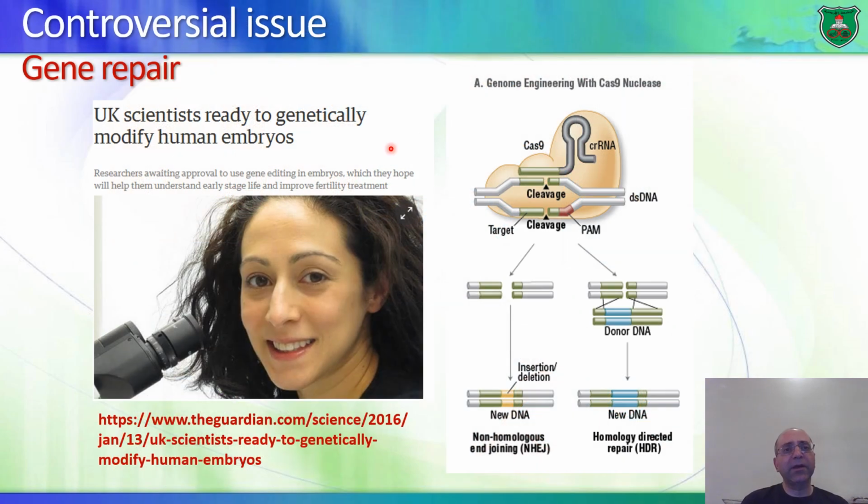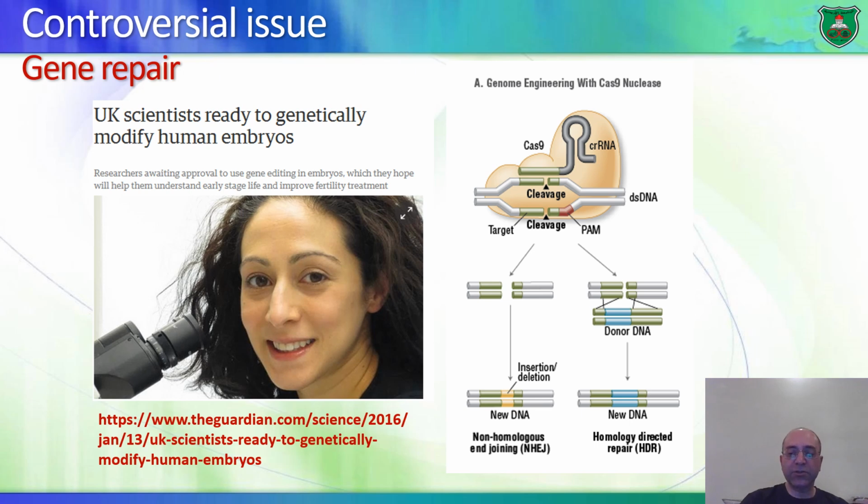Now you can go back to newspapers and read about what scientists are trying to do. You can Google it. There are so many things that scientists are trying to do. Some of them are outrageous, like trying to genetically modify human embryos, like the scientists right here, again trying to use the CRISPR-Cas9 system. You can read about it in the news.